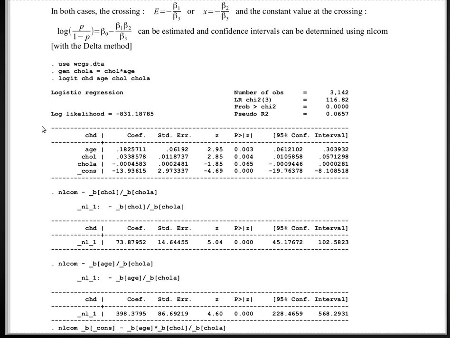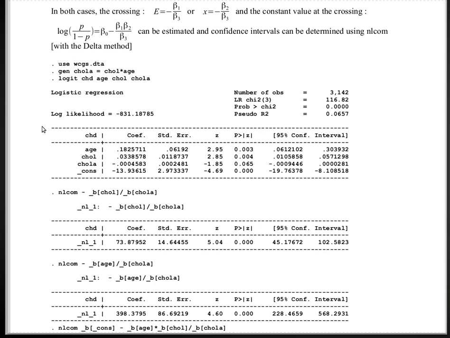For our purposes here, we're using the actual age and the actual cholesterol values. You may find it instructive to have a look at this data set in some detail and look at the values that are involved here.